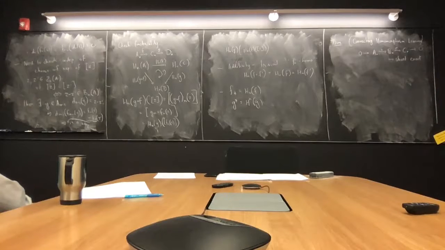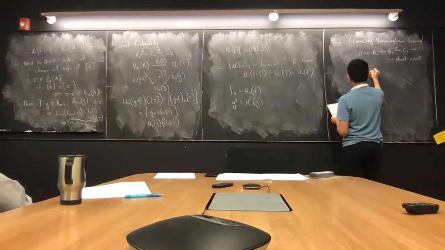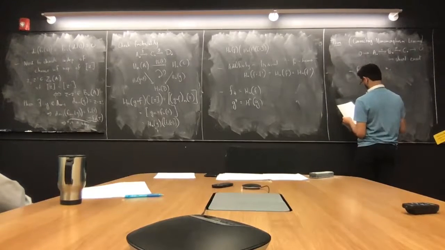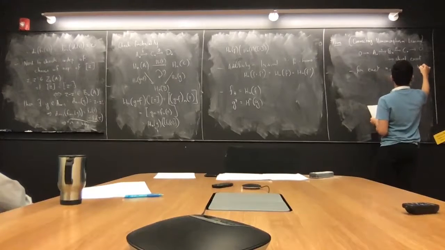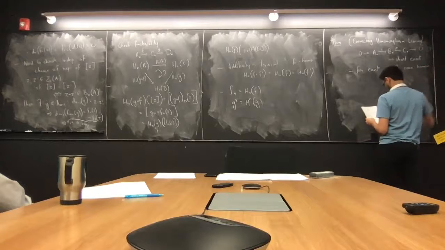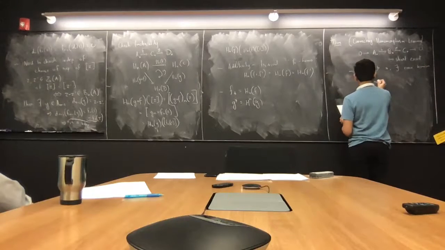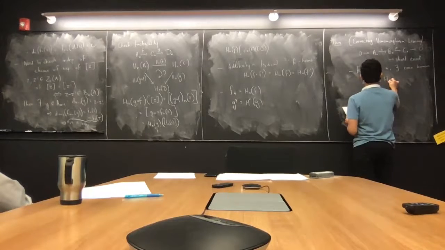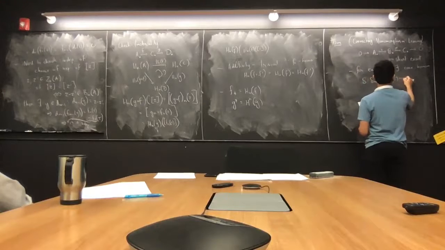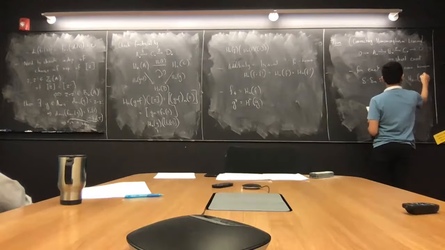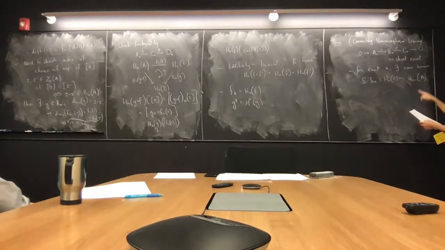So there's a short exact sequence of chain complexes. The statement is that for each n, there exists a connecting homomorphism given by delta or delta n, which is a map from Hn of C, the nth homology group in C, to the n minus 1th cohomology group of A. I'm going Greek now.